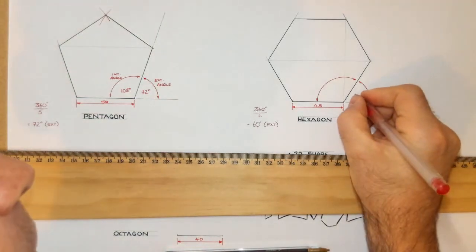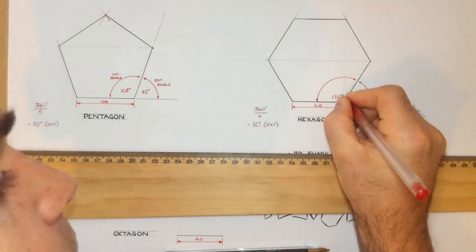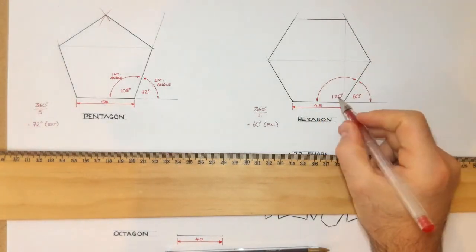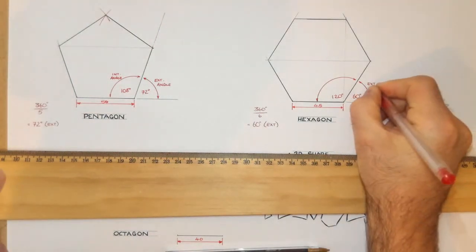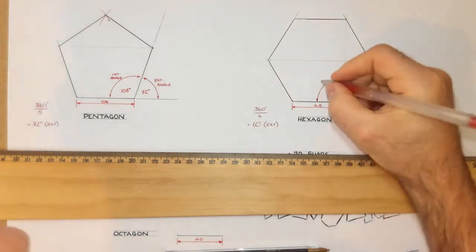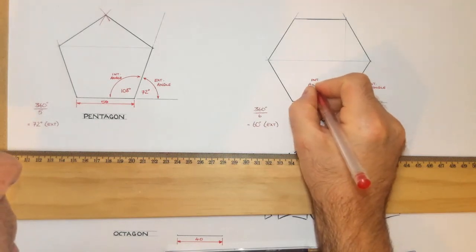So we know 60 degrees, 120, because a straight line is 180, 60 from 180 leaves 120. So that is the exterior angle, and this is the interior angle.